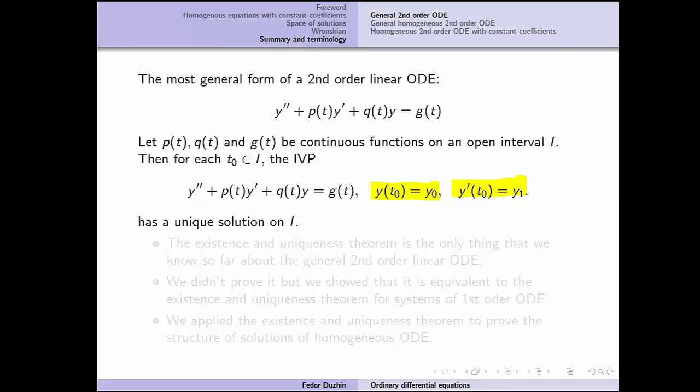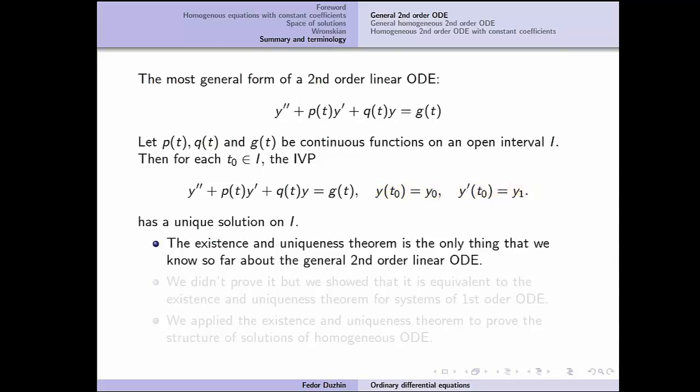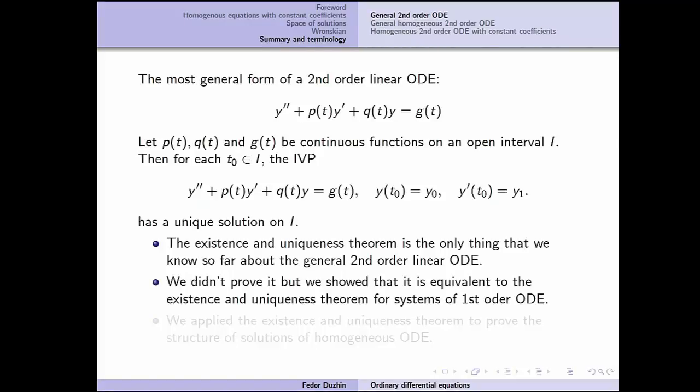And we have partially proved that an initial value problem has a unique solution. Specifically, we showed that this theorem is equivalent to a similar theorem for systems of first-order differential equations.